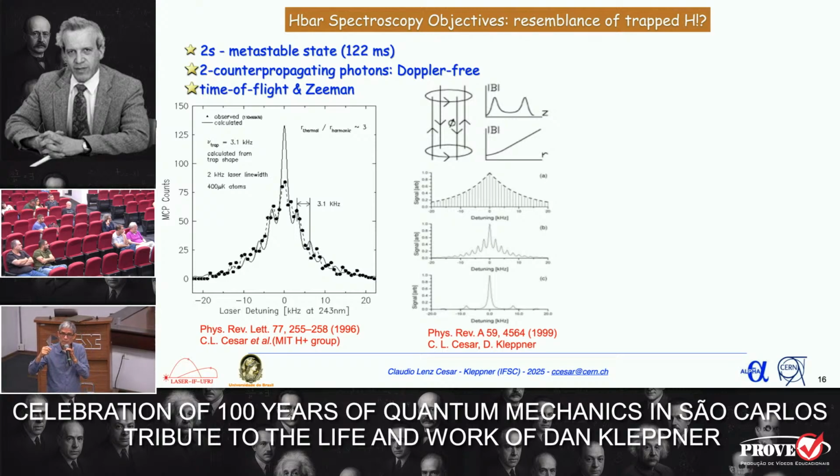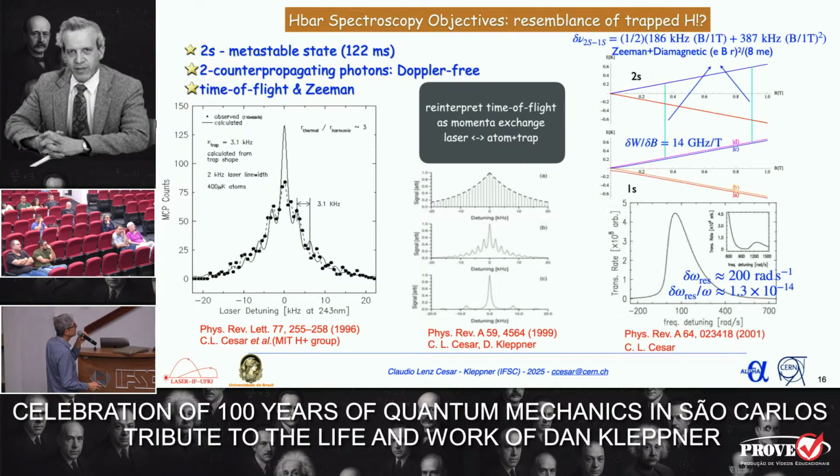But that means if your laser beam is finite in size, it has transverse momenta as well. And this exchange of transverse momenta is what explains absorption in frequencies that would not preserve energy. If you take into account this added momenta, then you preserve momentum and energy beautifully, okay? And this is also true for Ramsey fringes, okay, and so on and so forth. So be very careful with that.